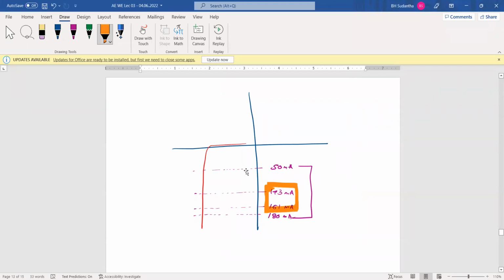Considering the range may be falling into this, this may be the minimum value and this may be the maximum value within the linear region. Assuming that, but we have to refer to the data sheet, or receive it in the question. Otherwise, we don't know. I assume this is the min and max value.